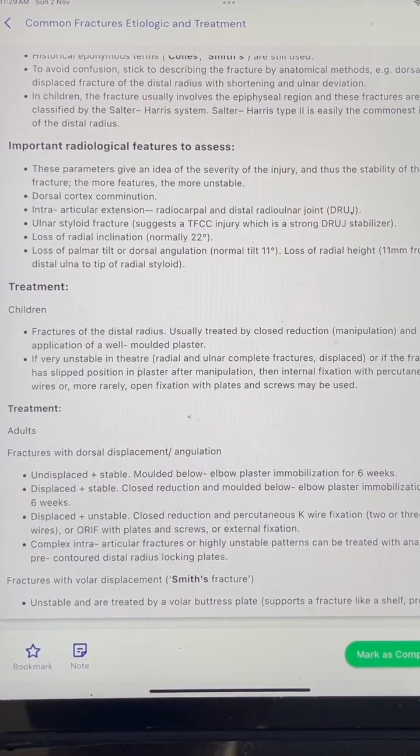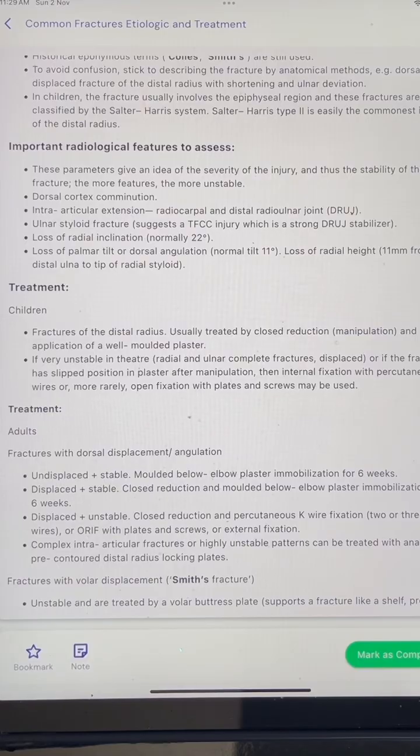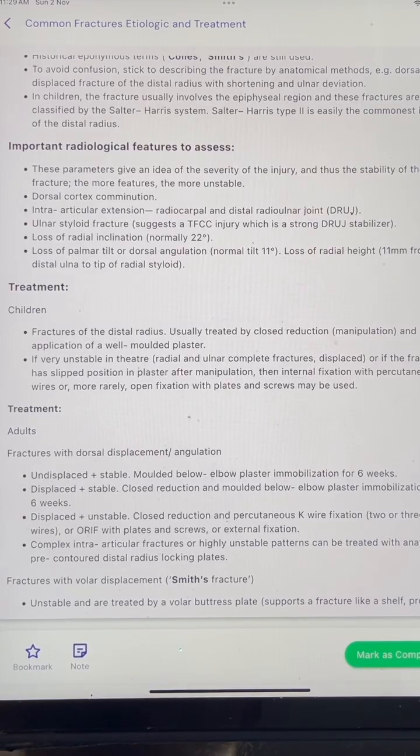If very unstable, in theater, radioulnar complex fracture, or if the fracture slips position in the plaster after manipulation, then internal fixation with percutaneous K wires is required. This question is coming: Colles fracture, when there is a comminuted fracture and the person is heavily working, you need open fracture reduction or K wiring. Now treatment in adults.